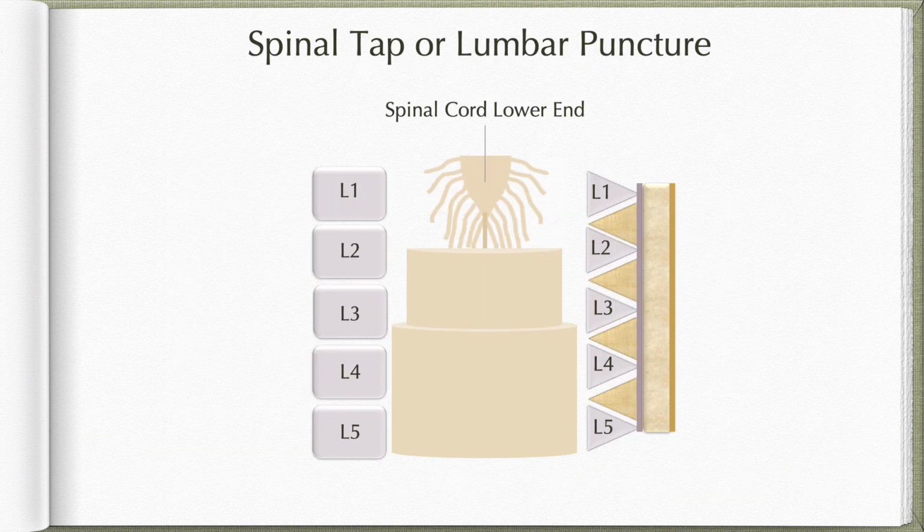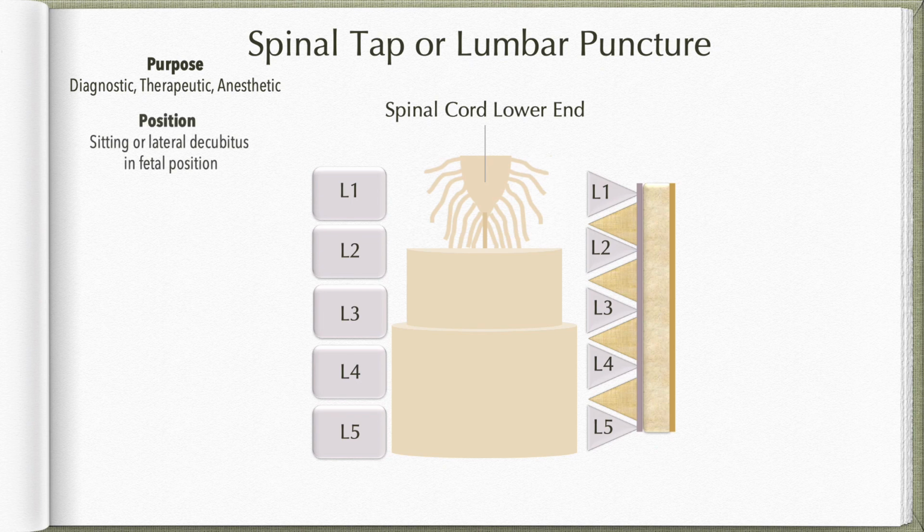Now coming to the process of spinal tap or lumbar puncture. This is a procedure done to withdraw CSF or introduce drugs in the subarachnoid space. So the purpose is either diagnostic, which is done to withdraw CSF and do analysis tests on that, or therapeutic, wherein we introduce either anti-malignant drugs or antibiotics, or most commonly it is done for anesthetic purpose, what we call spinal anesthesia.